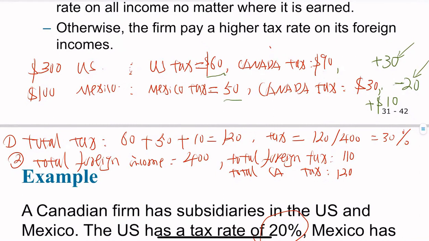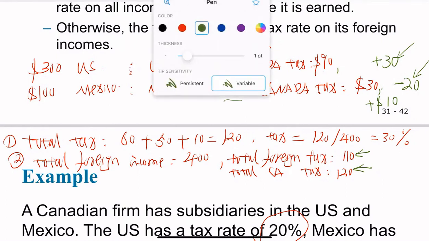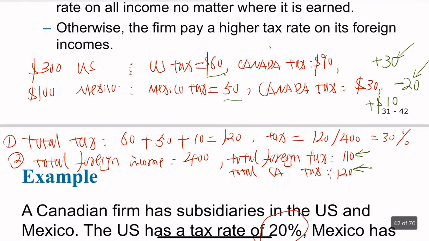If you compare these two numbers, the firm will have this $110 million of tax credit, and it still owes the Canadian government $10 million. So in the end, the firm will have to pay $120 million. Again, the tax rate is 30%.